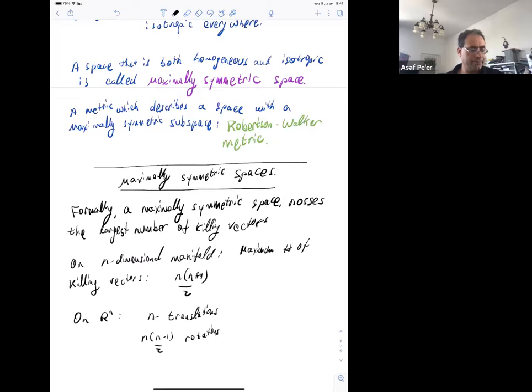Because for each of the n directions, there are n minus 1 directions which we can rotate it into. But of course we have to divide by 2 to not overcount, because rotating x into y is the same as rotating y into x.